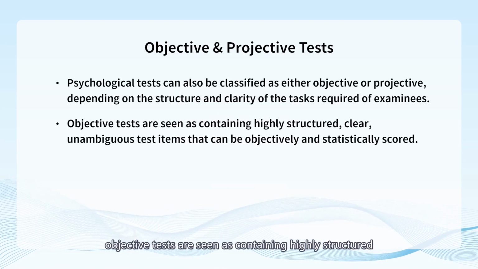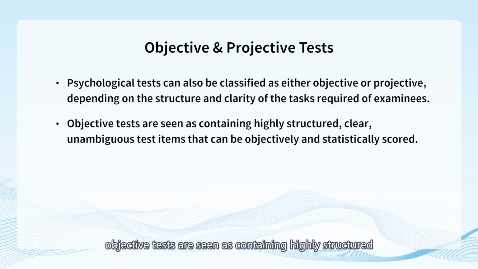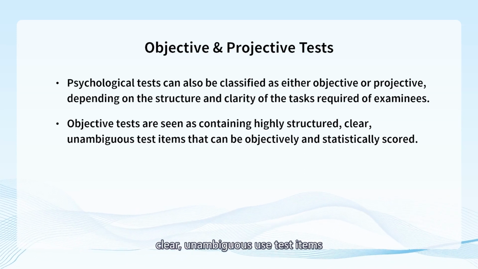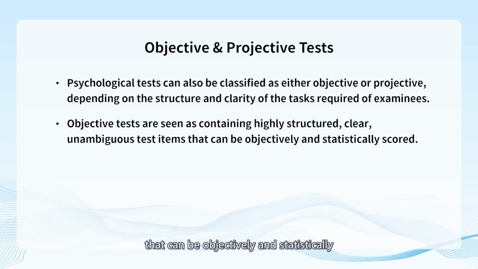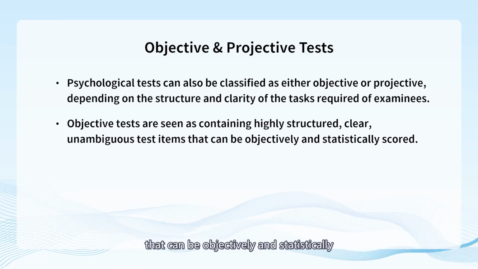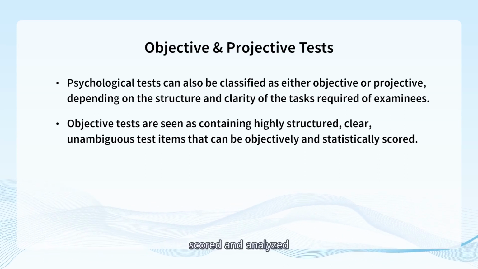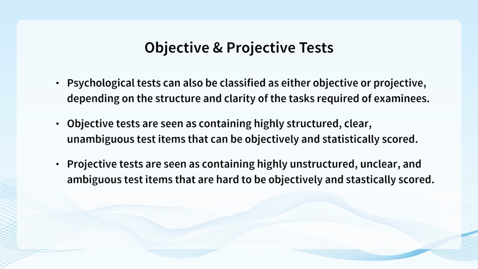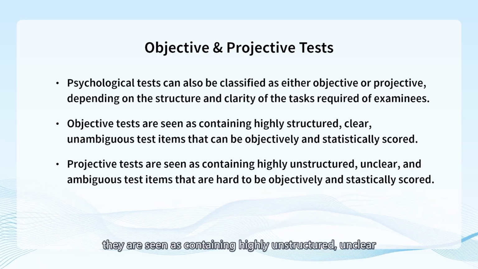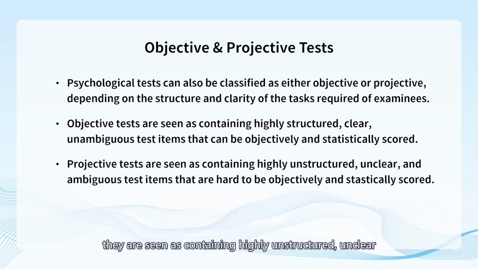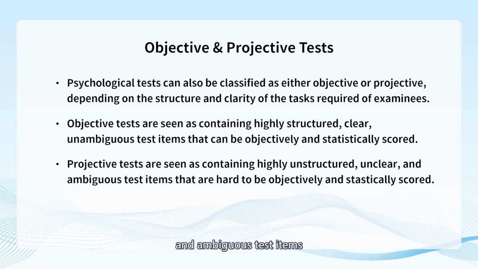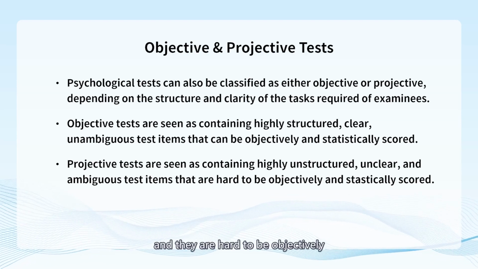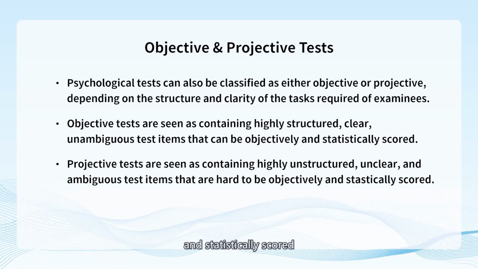Objective tests are seen as containing highly structured, clear, unambiguous test items that can be objectively and statistically scored and analyzed. Whereas projective tests are seen as containing highly unstructured, unclear, and ambiguous test items, and they are hard to score and analyze objectively and statistically.